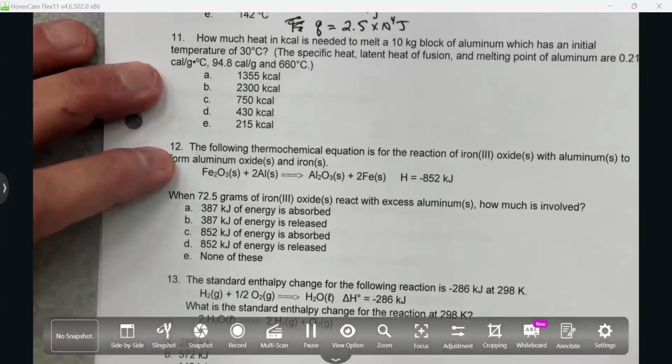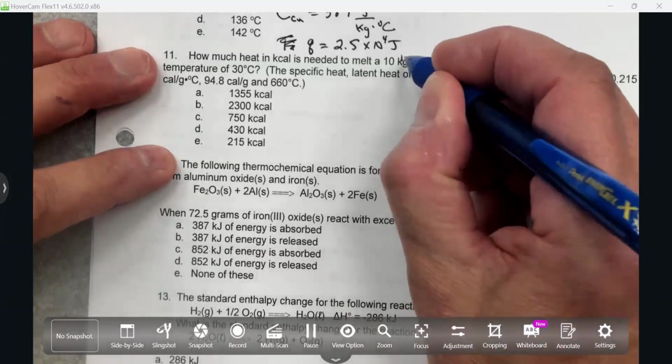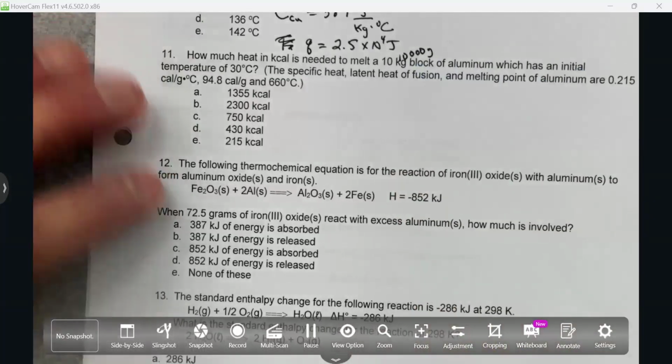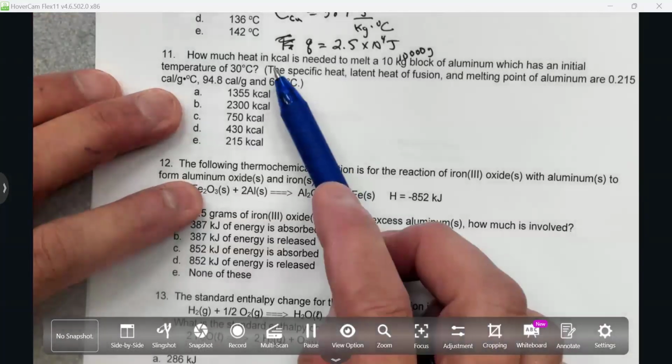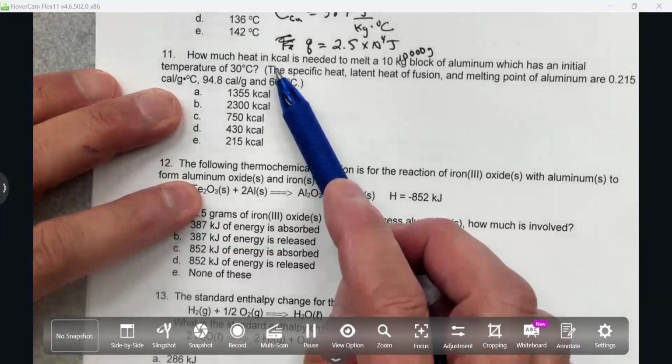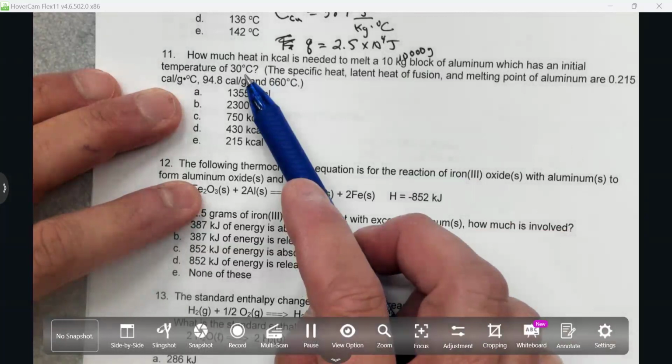Okay, in 11, what do we got here in 11? 10 kilograms. I'm going to change that to grams immediately, being 10,000 grams. How much heat in kilocalories? So we can convert that to kilocalories when we get all done. We've got 10,000 grams of aluminum at 30. Oh, we got to melt it.